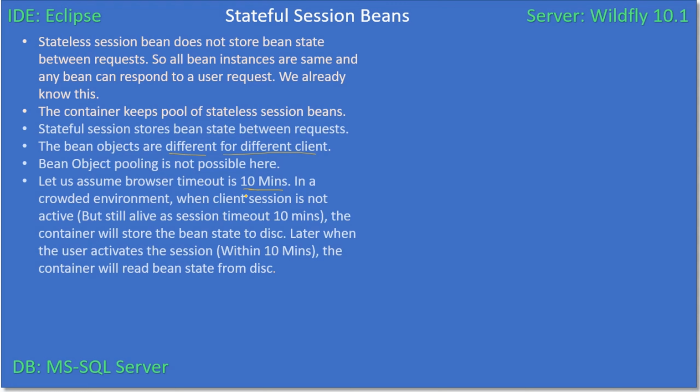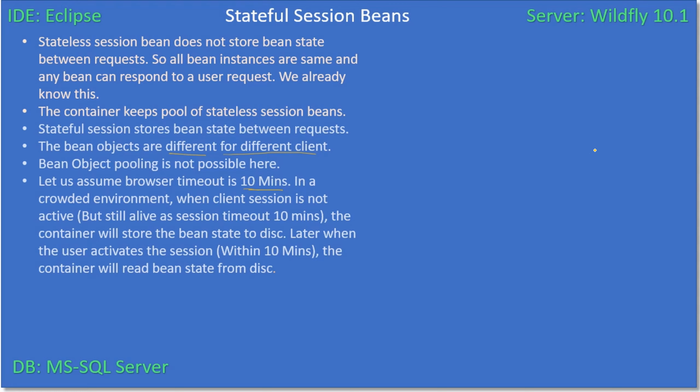Here, since the state is maintained, if a bean is staying for a long time in the memory, and when there is no activity, then the container, in the sense the container implementation, whether it is Wildfly or whoever is the vendor implementing the EJB, will store the bean state to disk.